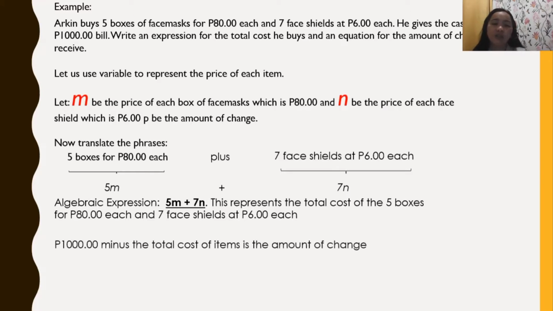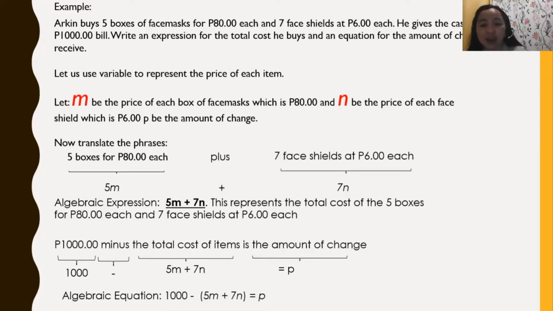Now, kung nagbigay siya ng 1,000 pesos, we are going to get how much change he will receive. So 1,000 pesos minus the total cost of items is the amount of change. So, lagay natin ito 1,000 pesos, minus yung total cost ng items natin, yung kaninang expression, which is 5M plus 7N, equals P. Now, we have here the variable P. P represents the amount of change.